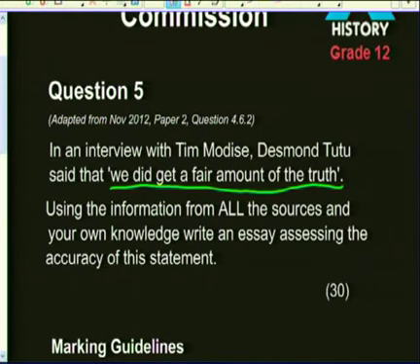Now, using the information from all the sources, we've worked through all the sources. Remember 1, 2, and 3. We've looked at the written sources, we've looked at the visual sources. Now, using all those sources and your own knowledge, you will also remember that throughout working through those sources, we kept on referring to own knowledge of the TRC.